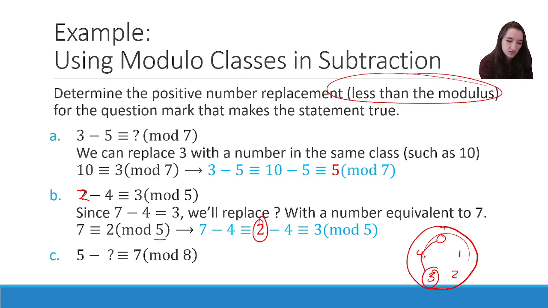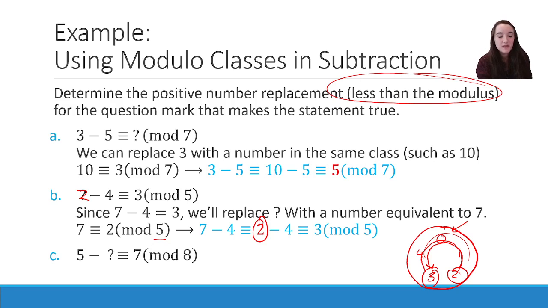But 1, 2, 3, 4. And so if I subtracted 4, I'd be here, right? So 2 minus 4 gets me 3 on this clock. There are several ways we can go about this, whatever makes the most sense to you. But I highly recommend sketching those clocks. Just make sure you have the right numbers on there, or else you will be very off on your answers.